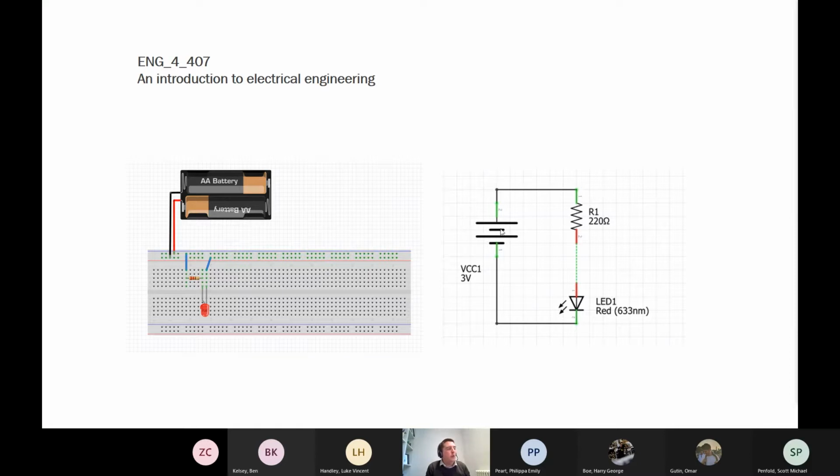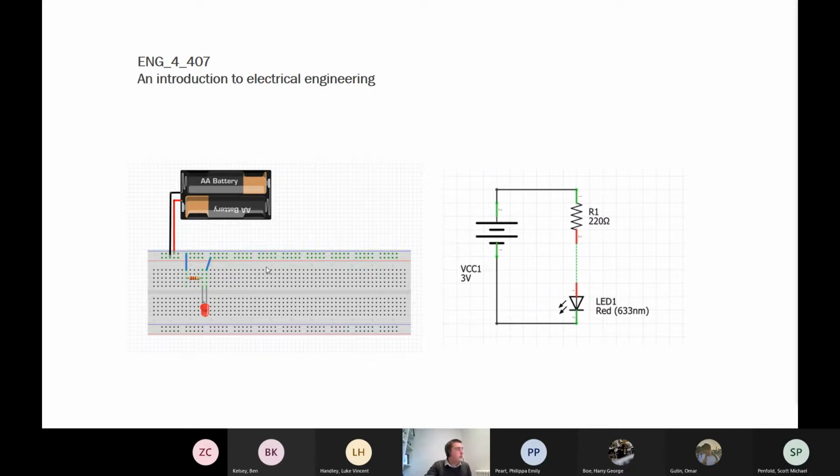So, for example, on the right hand side here, we can see pretty quickly that the top of the battery is connected directly by a wire to the top of the resistor. The resistor is then connected directly to the LED, and the LED is connected back to the battery again. And that's slightly harder to see in the image on the left-hand side.